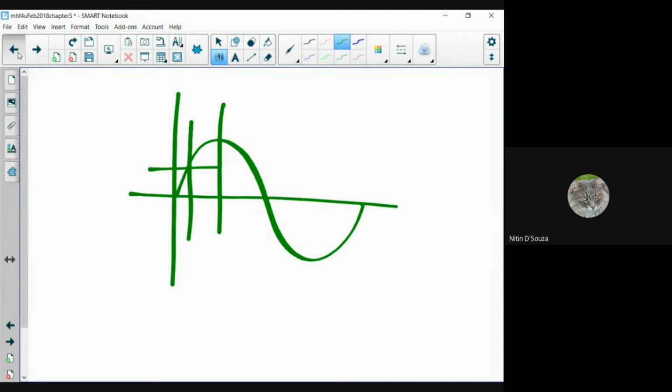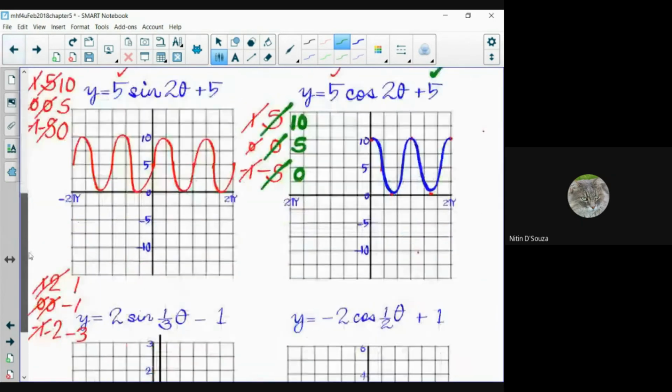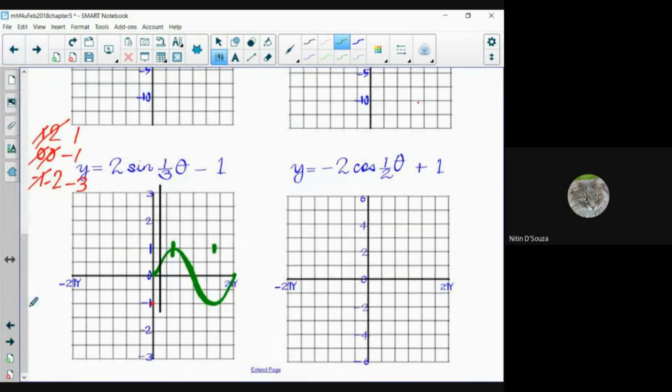So when you go to this, here's your 90. Here's your 0. Your 90 is at 1.5. 1/3 of 1.5 is 0.5. So you know that this is 0.5. 0.5 times 3 is 1.5.